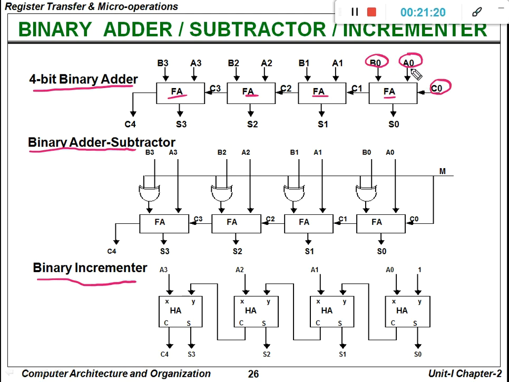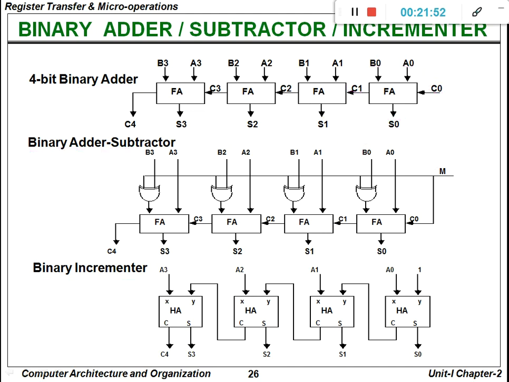Initially it is going to take the 0 bit of A and the 0 bit of B. So three inputs it is going to take, and it is going to produce two outputs: the carry as well as the sum. The carry it produces will be connected to the next full adder. So like this, the full 4-bit binary adder circuit will look.